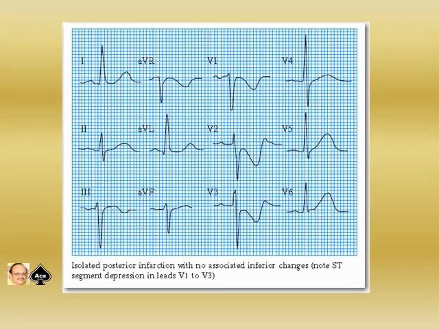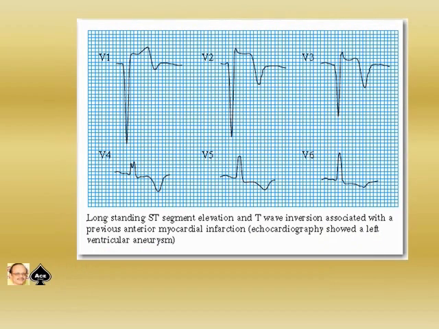This picture shows the isolated posterior infarction with no associated inferior changes. Now this ST segment depression in leads V1 to V3. Long-standing ST segment elevation and T-wave inversion associated with a previous anterior infarction is shown in this picture.